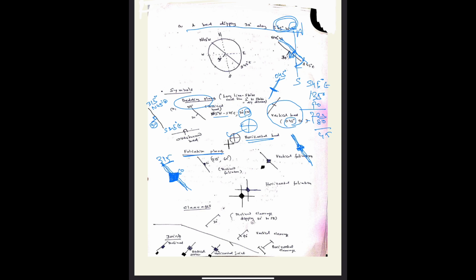So we have to draw first one line, then the triangle at both ends to indicate vertical foliation. If it is horizontal foliation, then it is like this. This is horizontal foliation.